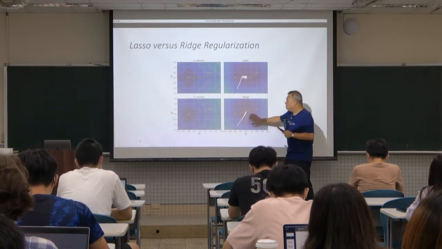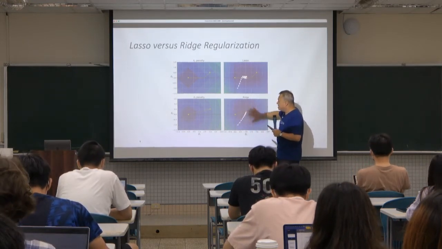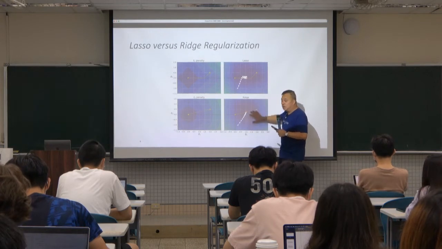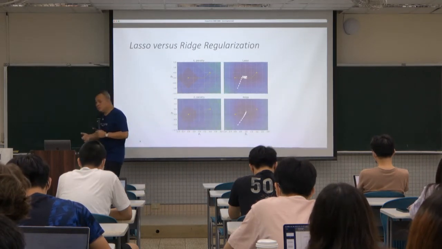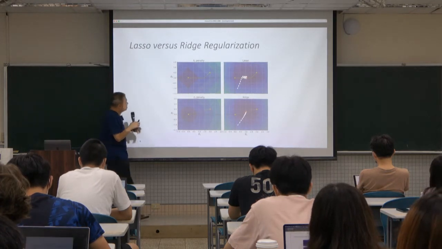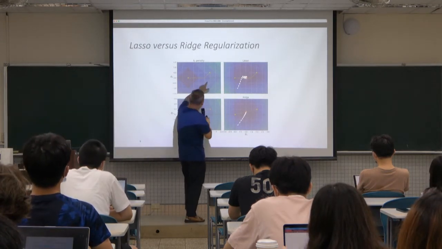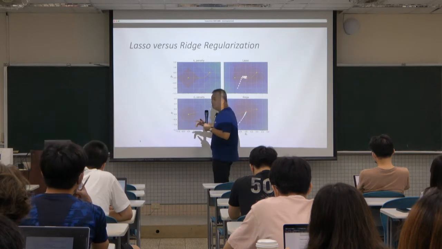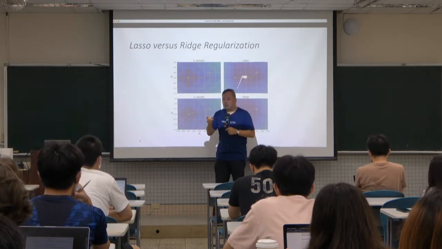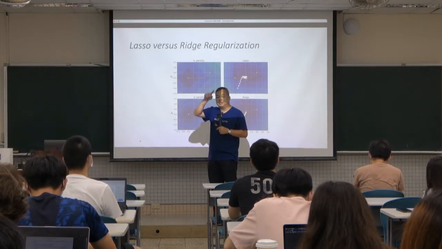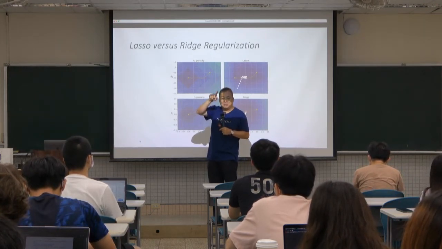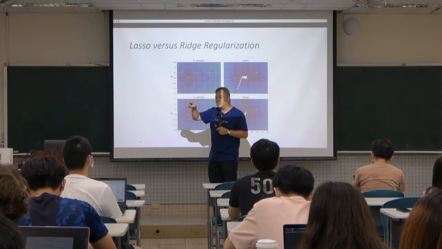But this is for the cost function. What I want you to observe is the penalty term. This is very interesting, because the penalty term for L1, for lasso, is the absolute value of theta 1 plus the absolute value of theta 2, right?